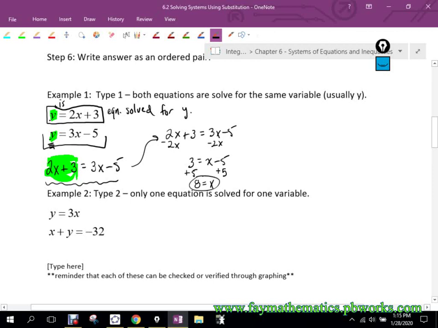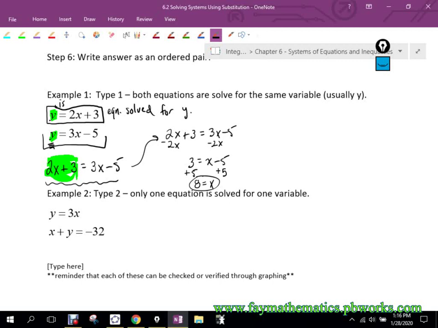That make sense? Now keep in mind, when we did this graphically, wasn't the ordered pair 8, 19? And we just got the x value, right? So I know right now I've done everything correct up to this point. If I would have gotten x to be 7 there, or 6 or something like that, I'm going to check my algebra again, because that's not the answer that's supposed to happen. So now we know x is 8.